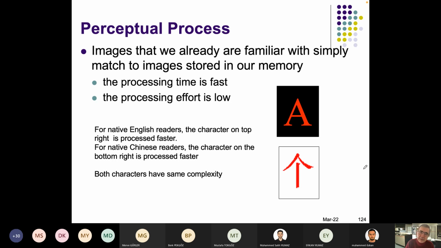When we are familiar with certain objects, processing time is fast, processing effort is low, so interface will be used in an easier manner.